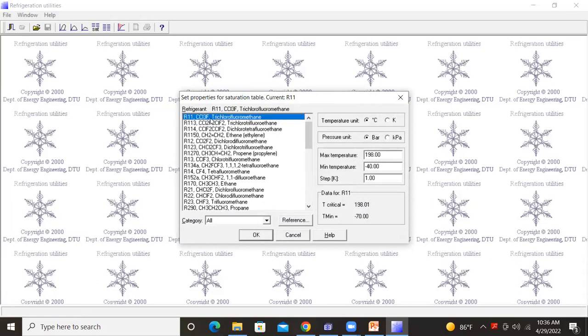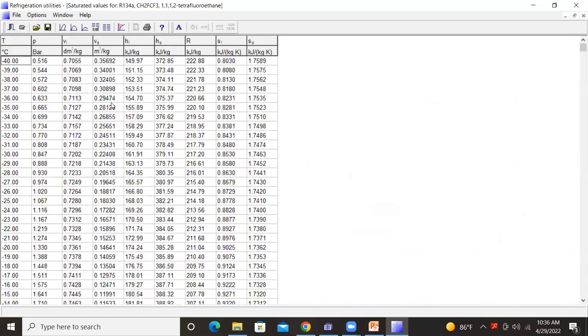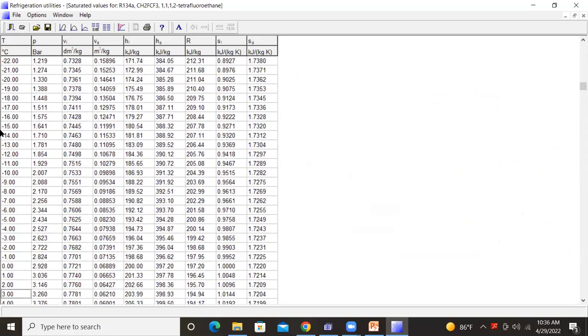Saturated properties you can see here, and also there are a lot of data. If you need to look into, let's see, R1348, you just click this, you will get the data. At pressure 0.516 bar, what's the temperature of this two-phase liquid? So you can get this data.